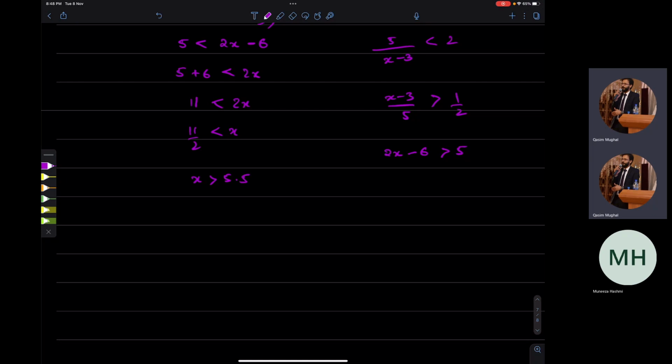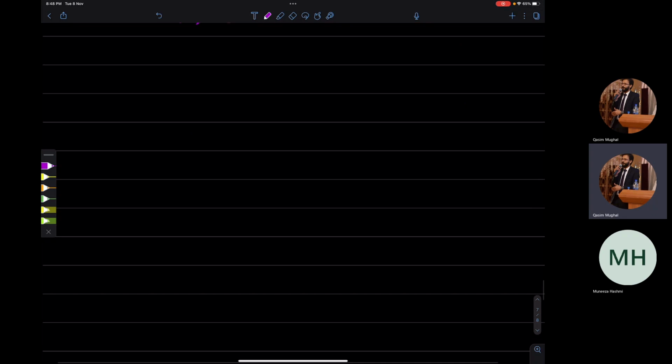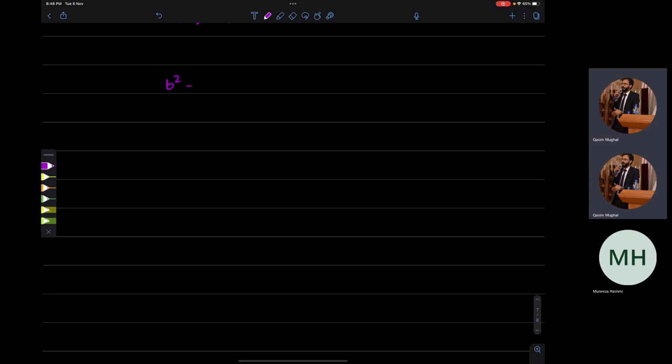Okay, the equation, where k is a constant, has no real roots. Prove that k satisfies the inequality. All right, so it has no real roots. So basically, the discriminant of the equation is less than 0. Okay?